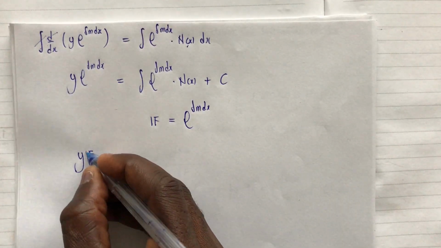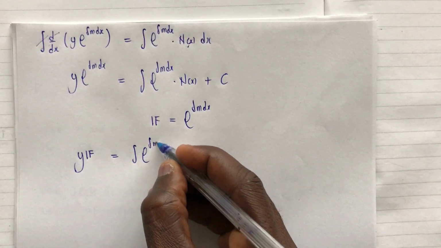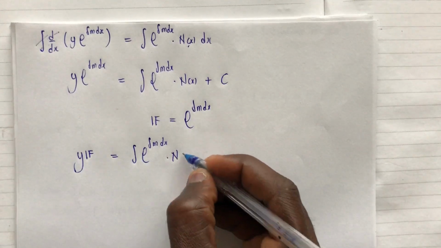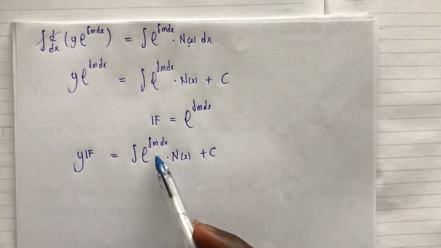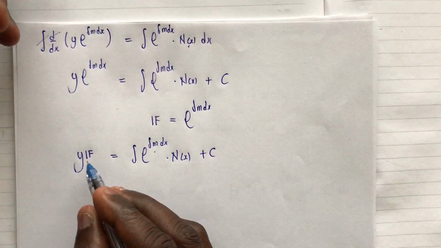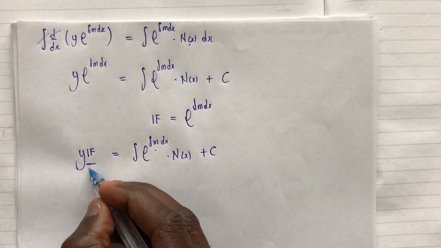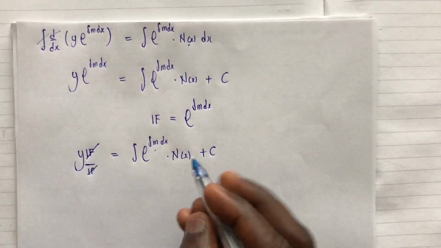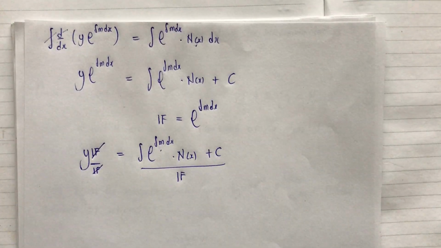So y times IF will give us the same result, the integral of e to the integral of m dx times n(x) plus c. I did not substitute it here because I want to prove the equation; there is no need. So I can divide through by IF on both sides. So the proving is done.